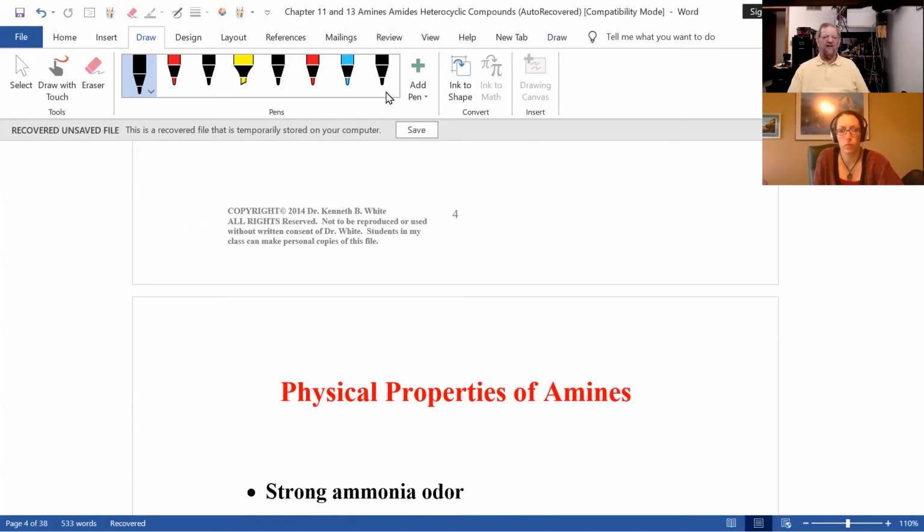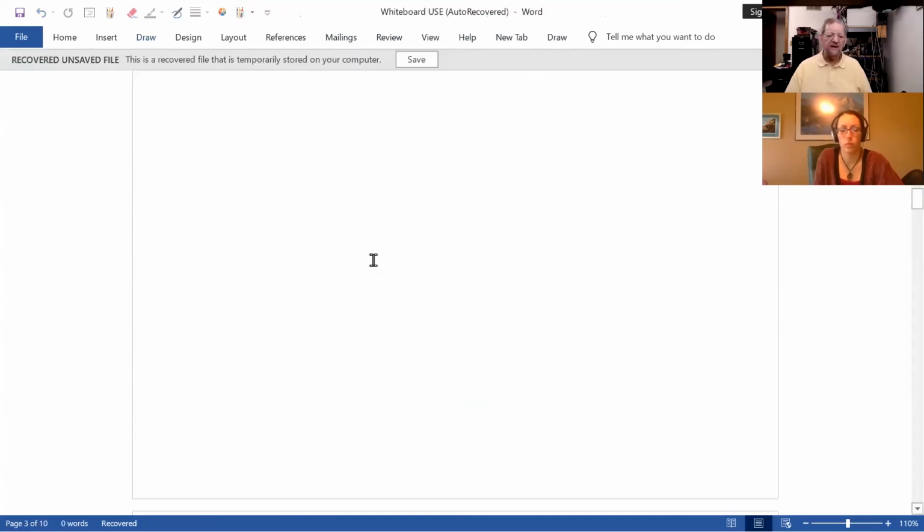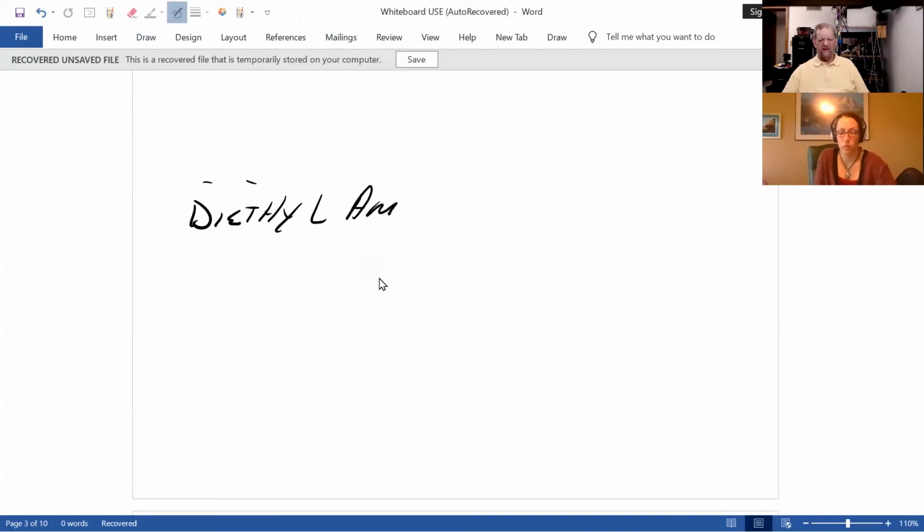Let's do one other thing. Why don't you draw the structure for this compound, diethylamine? While you're doing that, I'm going to put my mouthwash back in my bathroom.